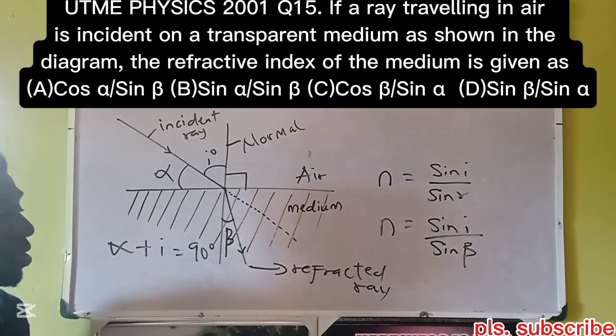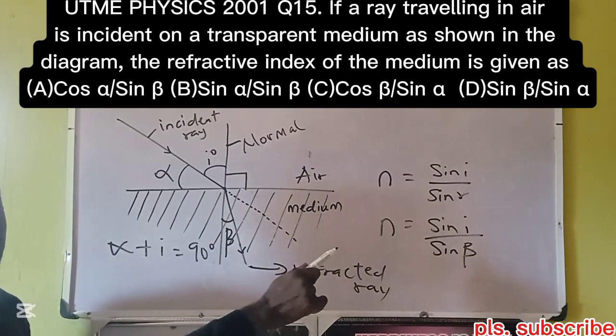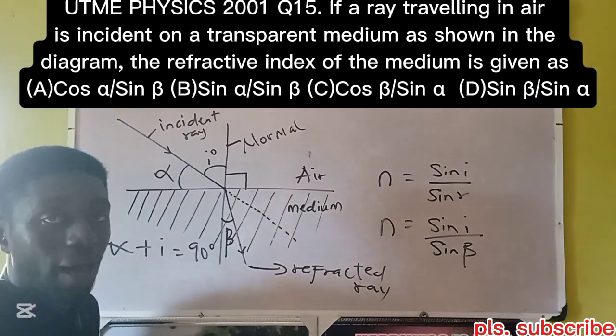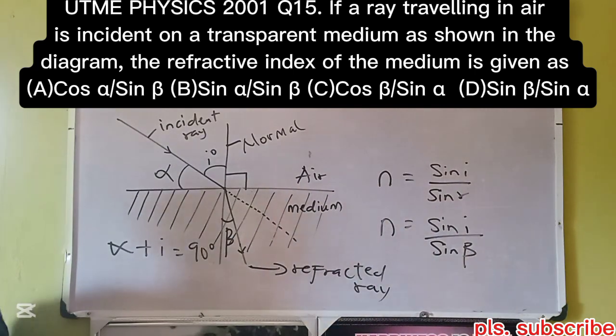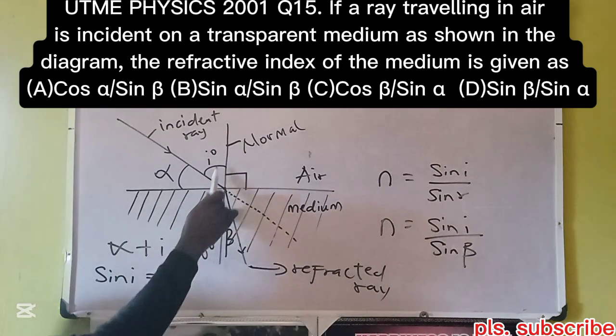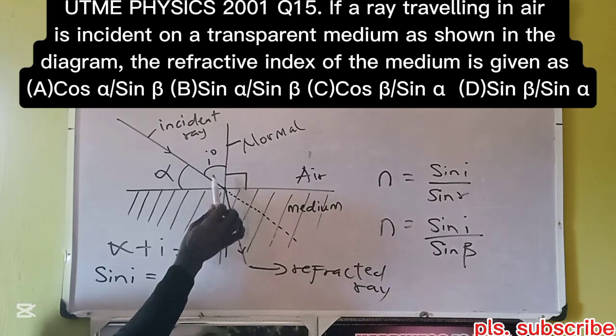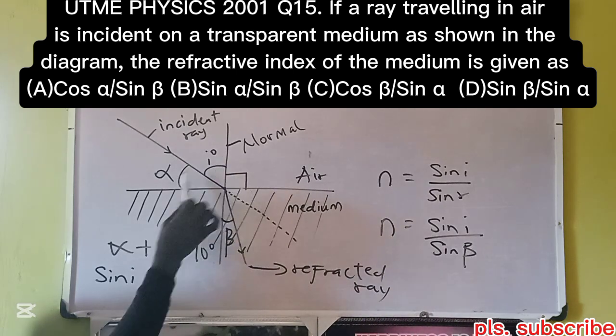You can see that. Okay, recall, we're trying to manipulate sine I to see if we get any of the arrangements in the option. Then sine I will also be the same thing as, if this is I, 90 minus alpha will also be my I. The angle here is also equivalent to 90 minus the angle here.